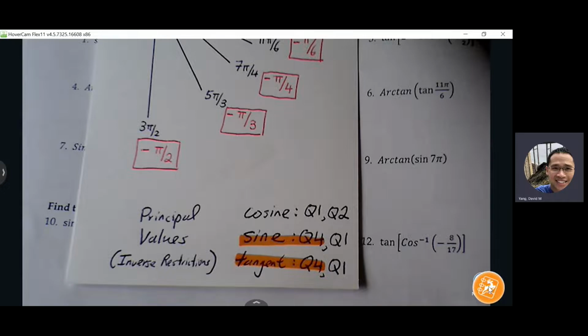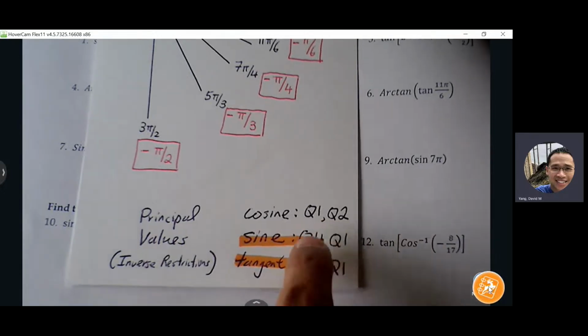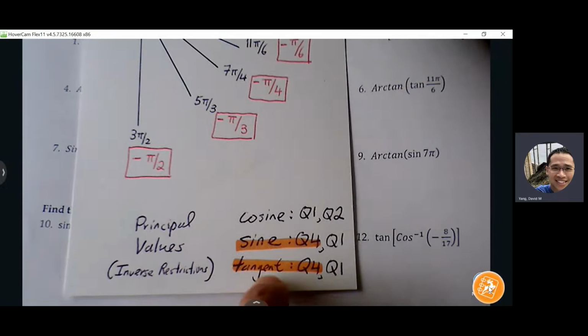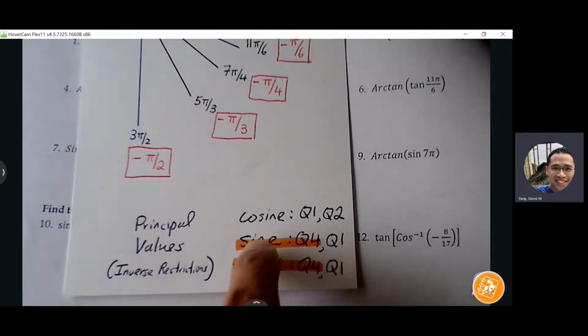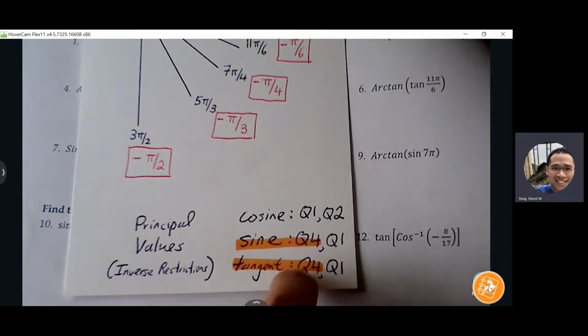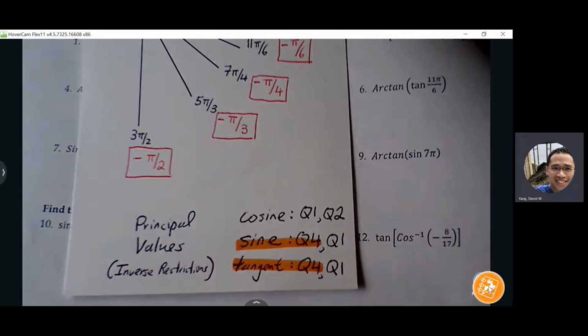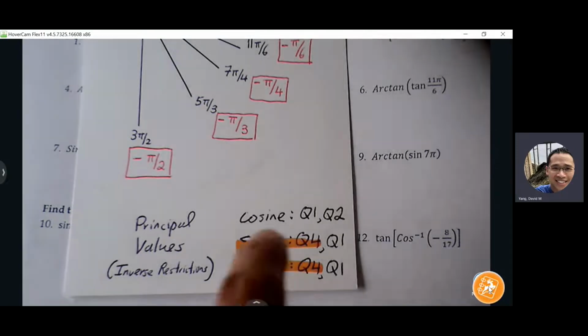So we talked about how cosine is just first and second quadrant. But if we're doing arc sine or arc tangent or inverse sine or inverse tangent with the uppercase S or uppercase T, that means we're restricting to just the domain restrictions.